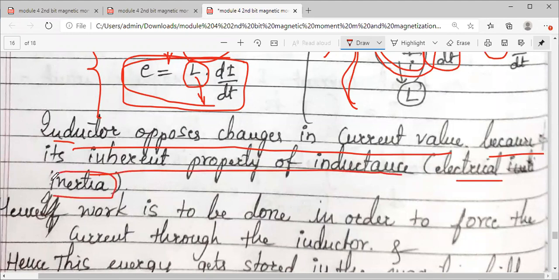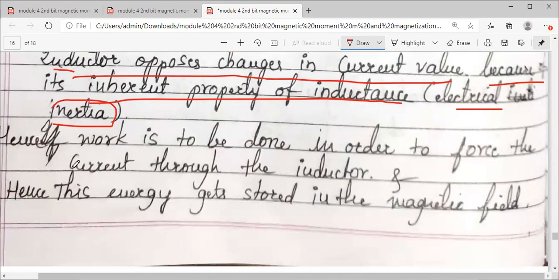Just something like a spring. Spring जब आप खींचते हो, what will the spring do? It will oppose that change. In return, it will try to regain its shape, because it is its inherent property. So वैसे ही inductor का inherent property है कि it will oppose the change in the current value.